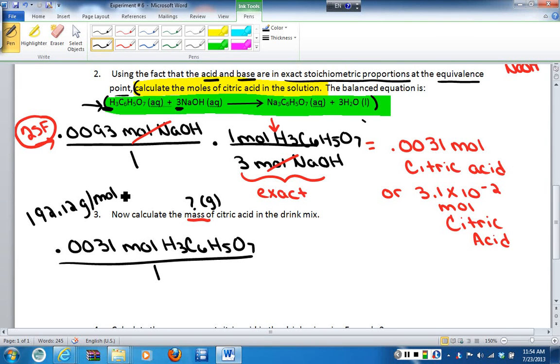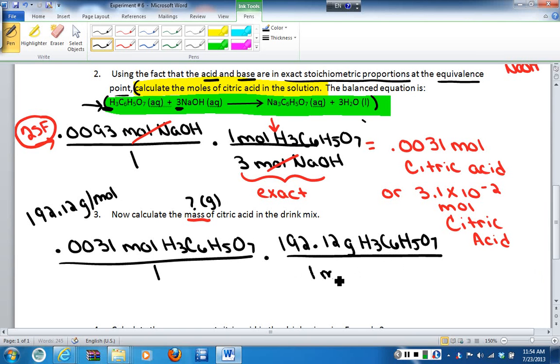This is our conversion factor, so if we set it up appropriately, we have 192.12 grams of citric acid over 1 mole of citric acid. If we cancel out our units, moles of citric acid cancel out, leaving us with grams of citric acid.